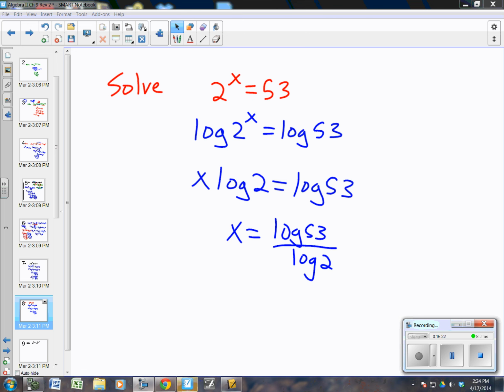Put that in your calculator. And you guys got 5.7279. Any questions on that one? So you just got to remember, take the common logarithm of both sides, use the power property, divide. Okay? Next one.